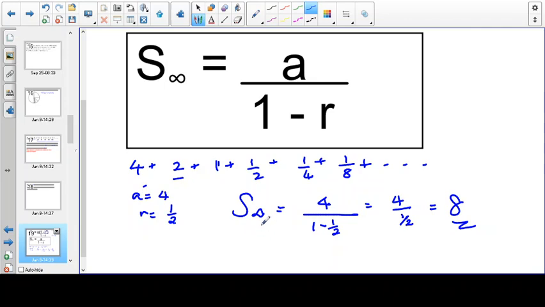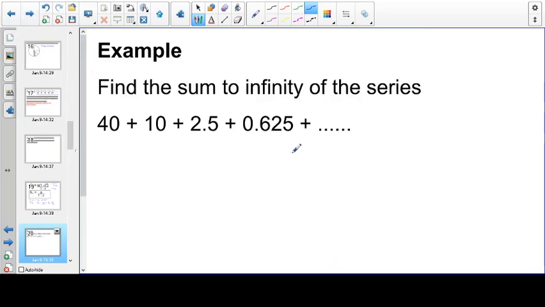Okay, so now we need to be able to work out the sum for a given series, and also you need to be able to problem solve using that fact. So we're just going to look at a couple of questions, and then we're actually going to look at a review of sigma notation for geometric series. So, find the sum to infinity of the series.